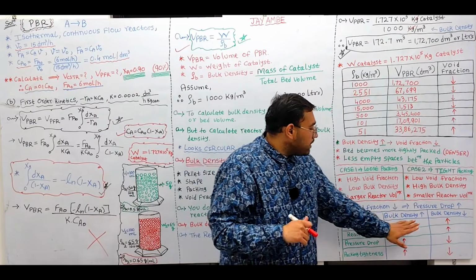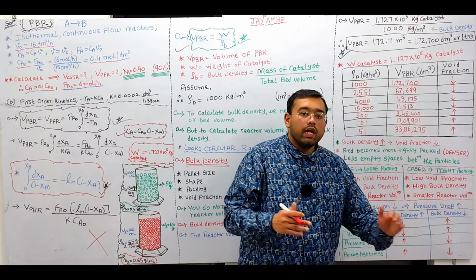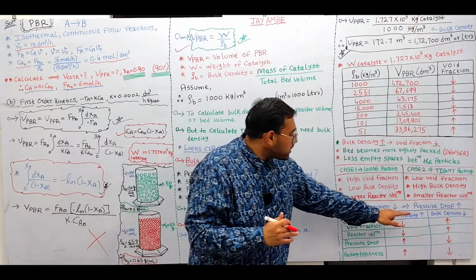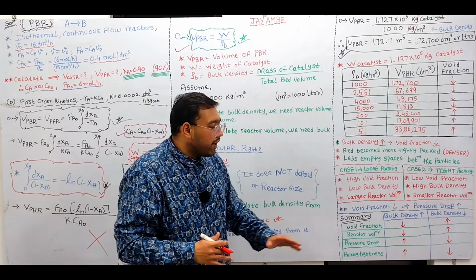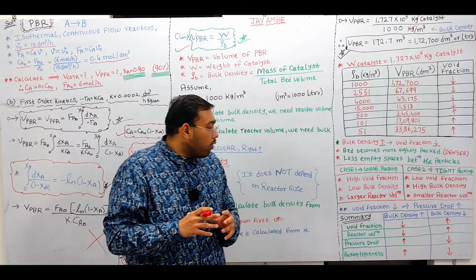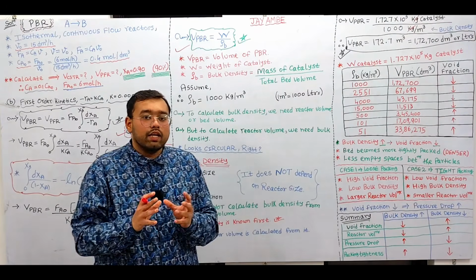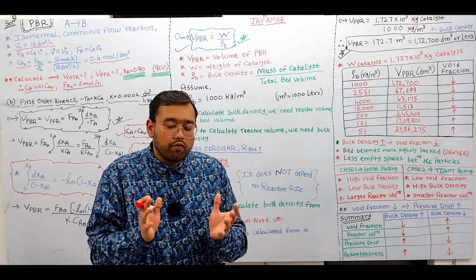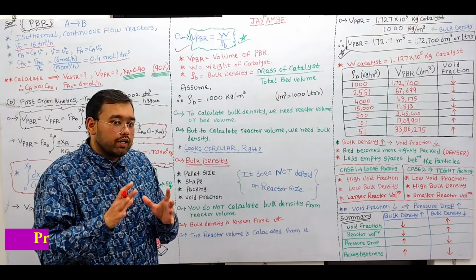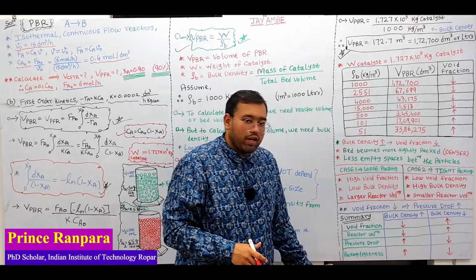Now in the second case, what if we decrease the bulk density? Then the void fraction will increase, the reactor volume will also increase, the pressure drop will decrease, and the packing tightness will decrease, which means we'll have loose packing of solid catalyst in the given reactor volume. I hope you have understood, right.